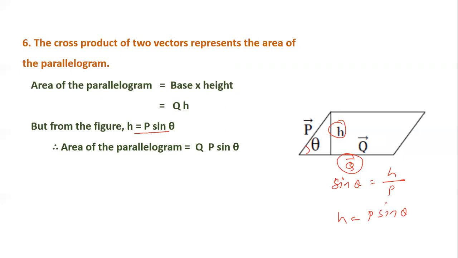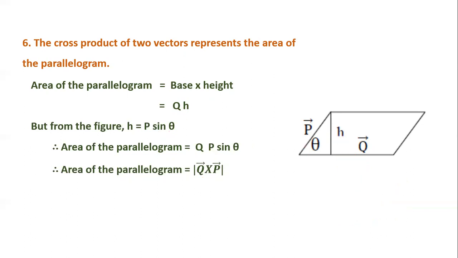And you know that QP sine theta is the expansion of Q bar cross P bar, and its magnitude. We have not written bar cap here. If I write C cap here, then it is a vector. So we get this: area of parallelogram is equal to magnitude of Q bar cross P bar.